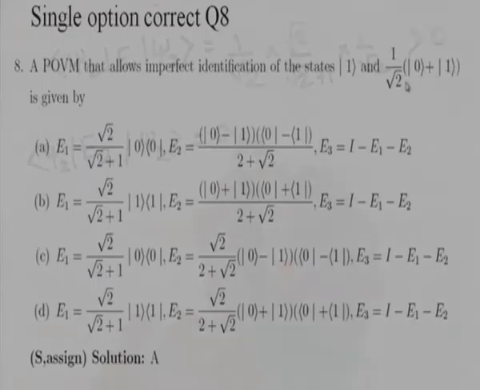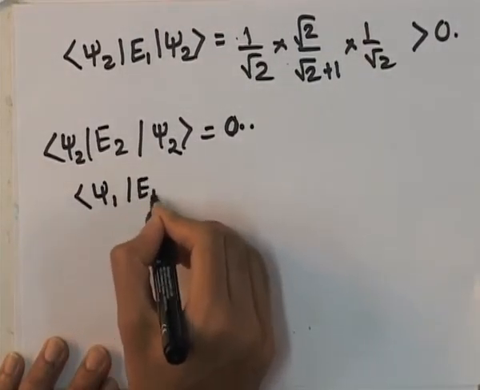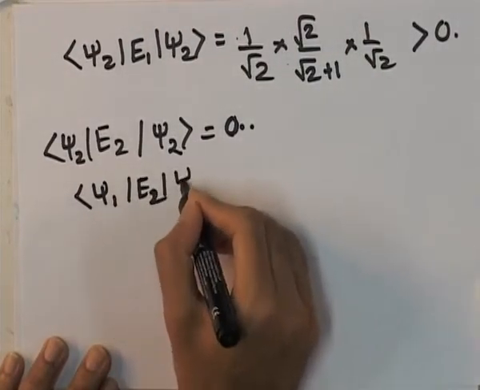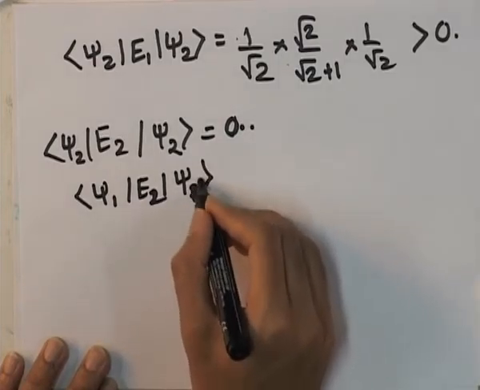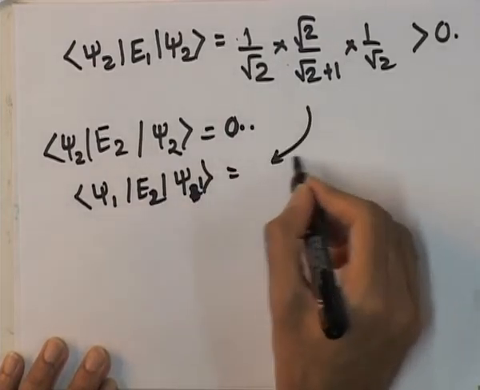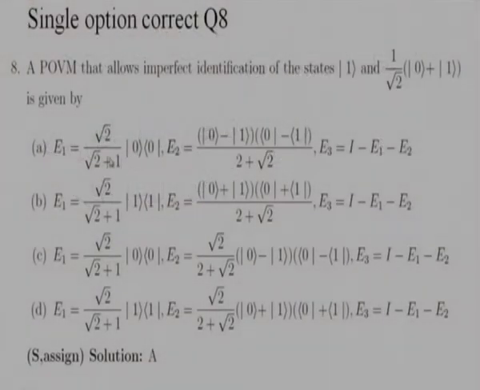So this is 0, and on calculating the expectation value with respect to psi1, this will turn out to be the same quantity. So E1 and E2 are clearly able to distinguish between psi1 and psi2. So option A is correct.